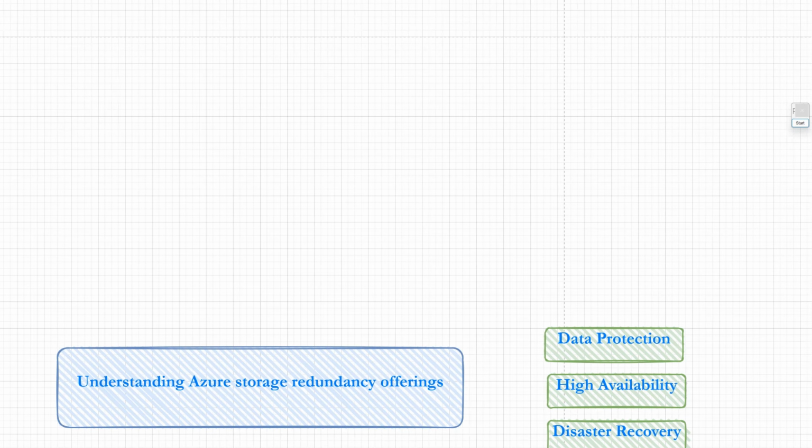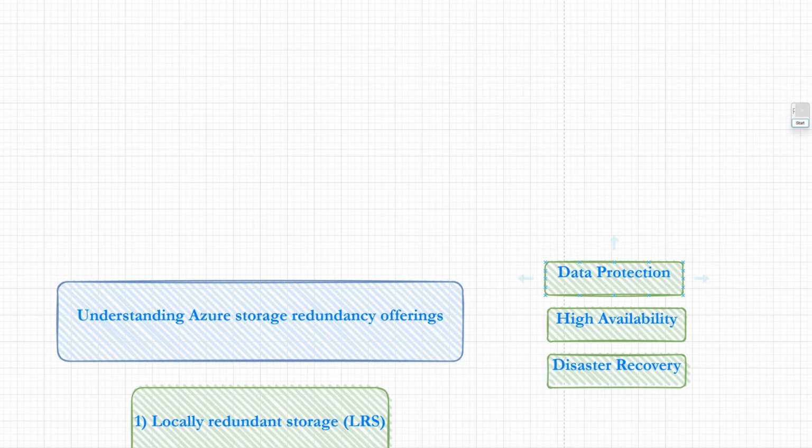We need our data intact. So for that purpose, Azure offers these redundancy offerings. These redundancy strategies replicate your data across different locations, providing protection against data loss and ensuring that business continuity gets maintained. So this is the main purpose of these redundancy offerings.